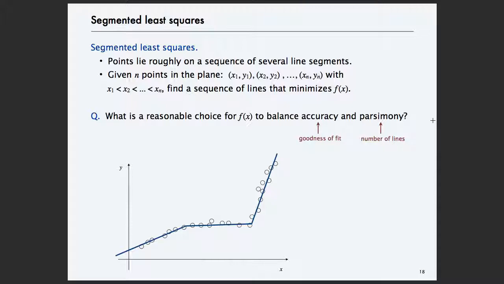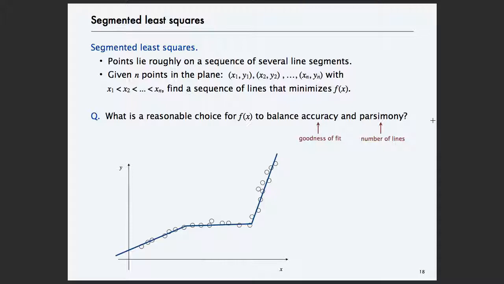Now, my data may come like this. What can I do? Well, I could try to think of it as a bunch of lines. What if you cheat? Can you fit your data perfectly with lines? With zero error? Just have every point be a line.